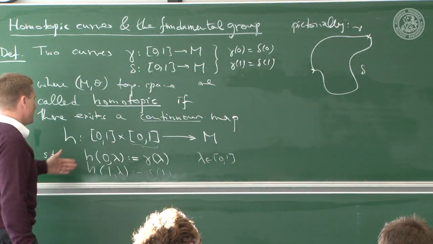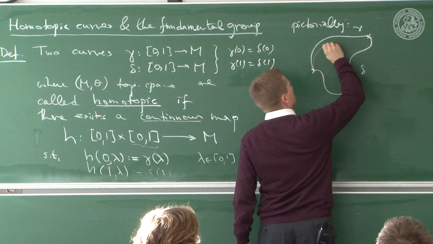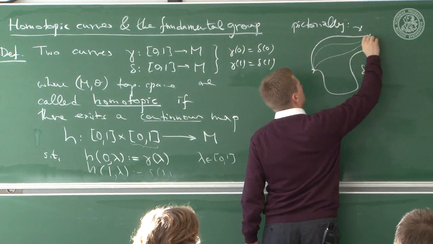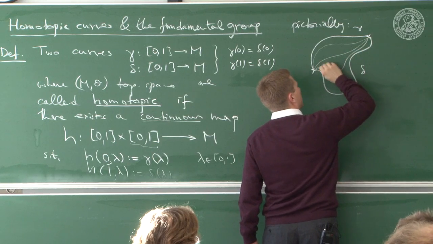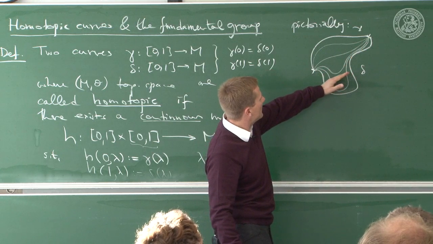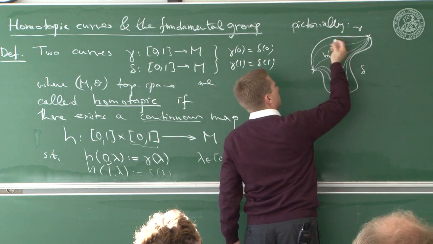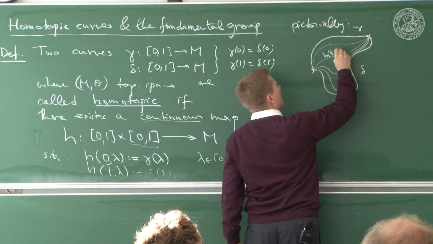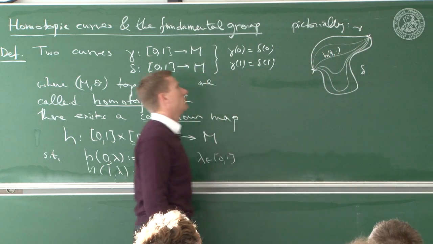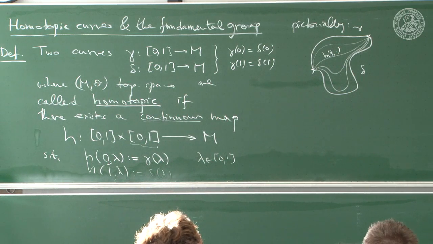And then the homotopy, in a sense, you have lots of curves intuitively that lie in between, and you can continuously deform the curve delta into the curve gamma, and this guy here in between would be, for instance, h(1/2, open slot), because it's the entire curve that lies in between there.